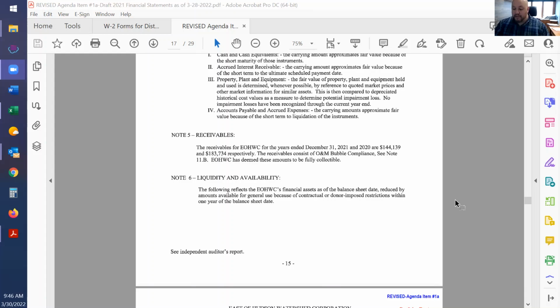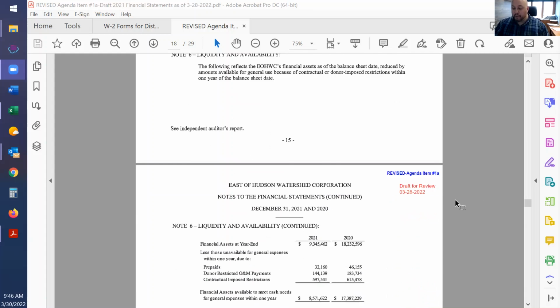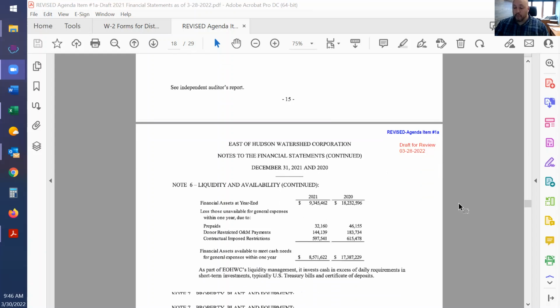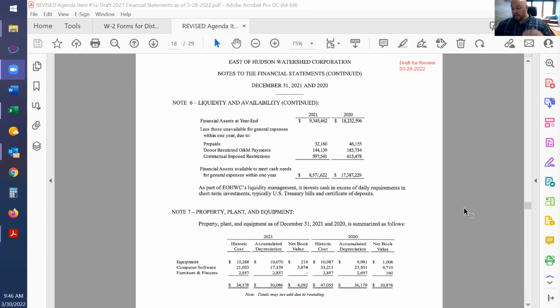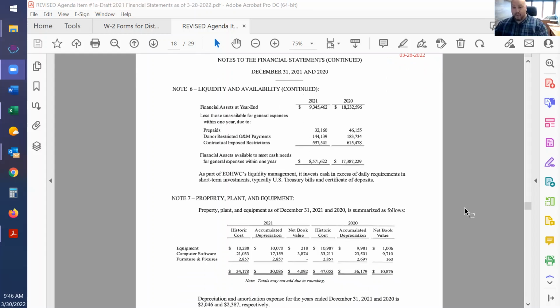And that gets us down to the financial assets available to meet cash needs within 1 year. So it's basically the summary of the liquidity of the organization, taking it from the current assets to what we're showing as being the cash that's available to meet next year's.